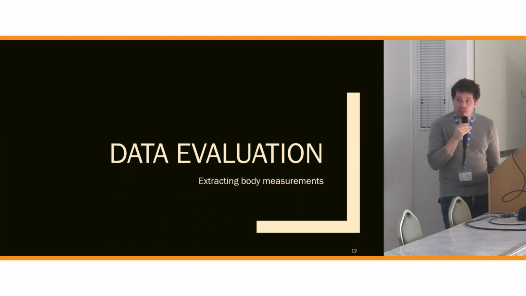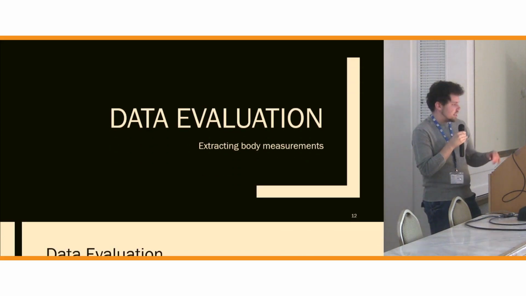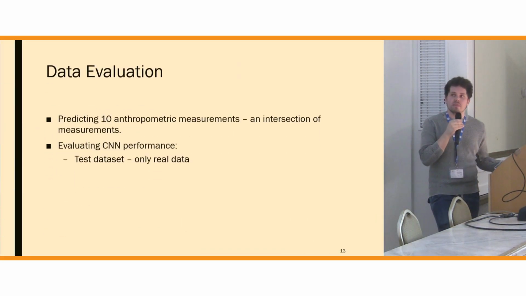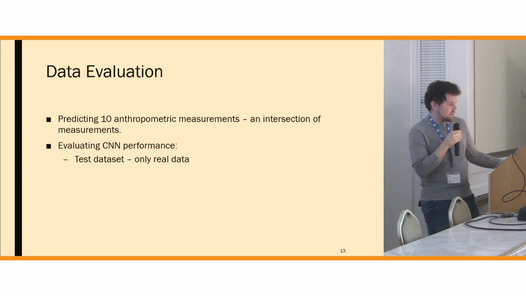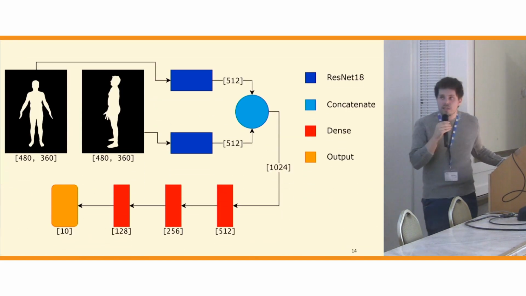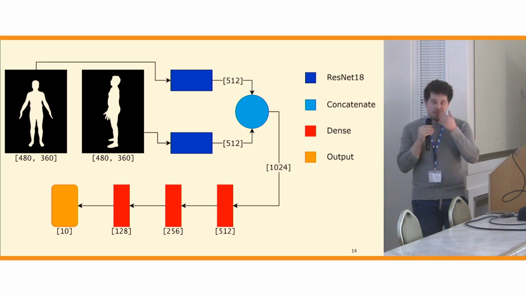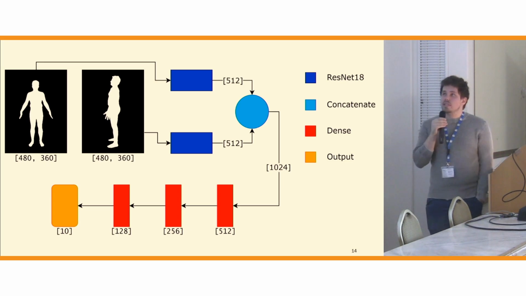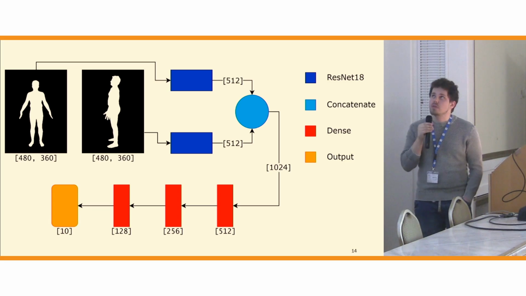So in this section, we look at the evaluation of this synthetic data. We measured the avatars I mentioned previously, and we found 10 common measurements between the BodyM dataset and our synthetic data. So here is the architecture of our network. As an input, we have 2 silhouette photos, which we put into ResNet 18 blocks, and we concatenate the output.